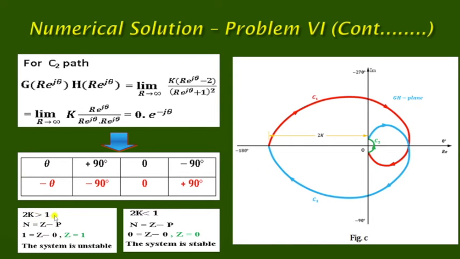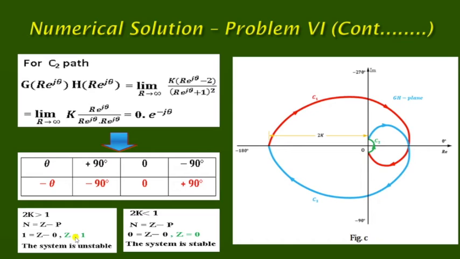If 2K is greater than 1, the minus 1 plus j0 point is encircled by this closed contour, in the clockwise direction. One encirclement, so N equal to 1. There are no right hand side poles, so P equal to 0. So Z equal to 1.